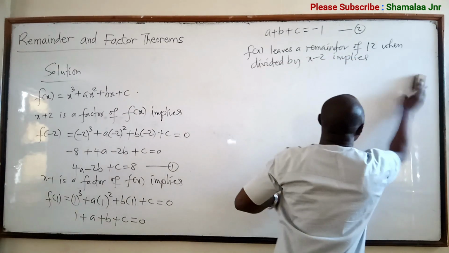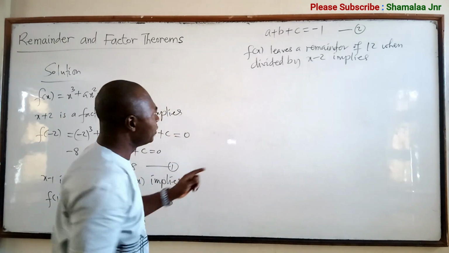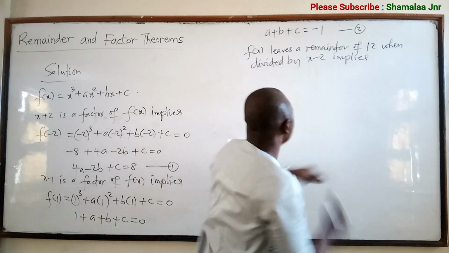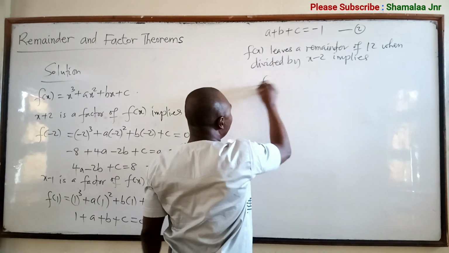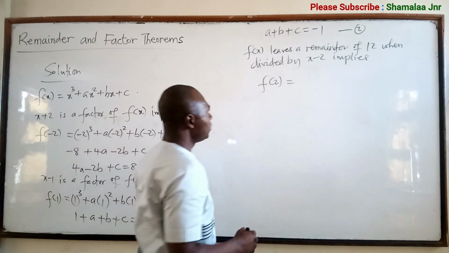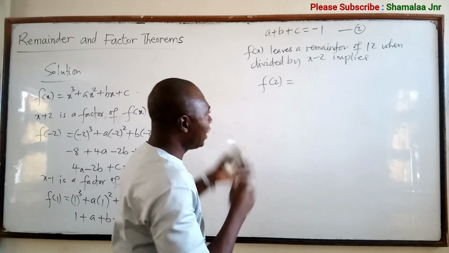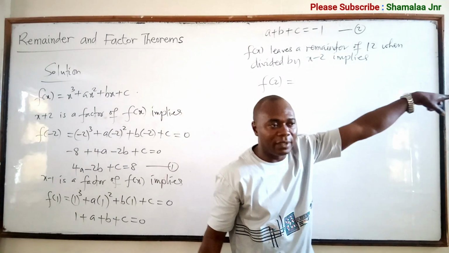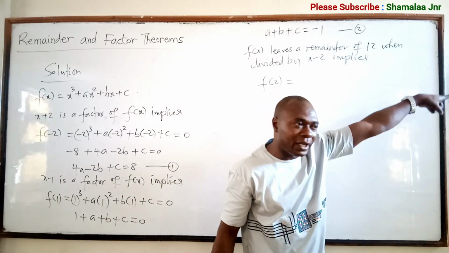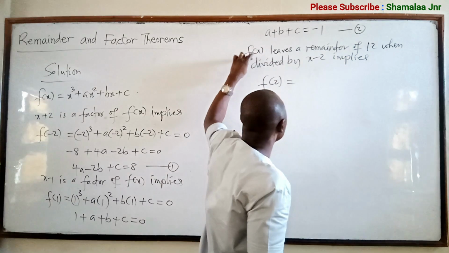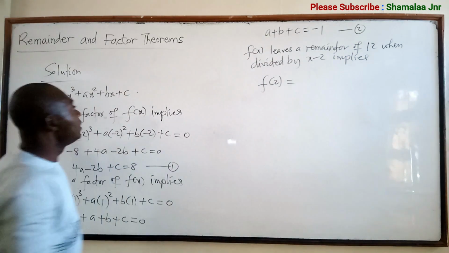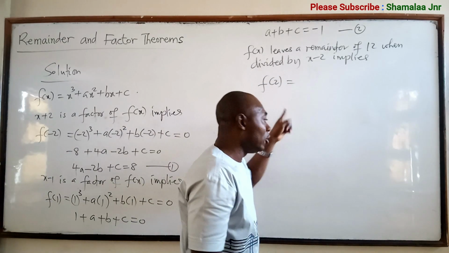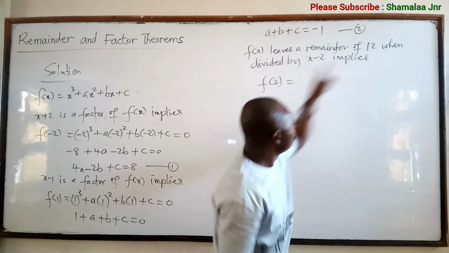Because f of x is leaving a remainder, what this means is that you should find f of 2 and equate it to 12, because that will be the remainder. So when this polynomial f of x is divided by x minus 2, this is the remainder. So by the remainder theorem, f of 2 should give us 12.